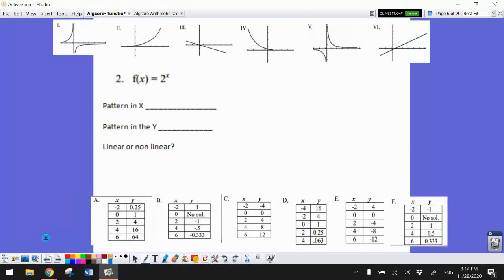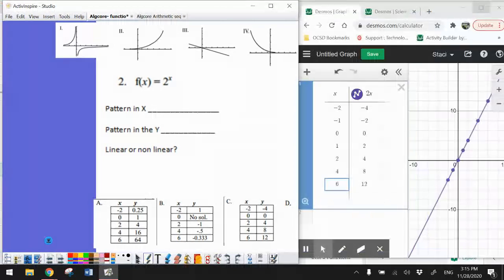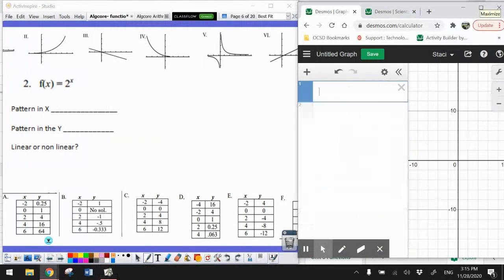Okay, let's take a look at another set here. So I've got f of x equals 2 to the x. Okay, so I'm going to go ahead and simplify here and get rid of this guy. And let's put in f of x. Remember, that's the same thing as y equals. So I need to use my parenthesis, x, equals 2, and I need my caret.